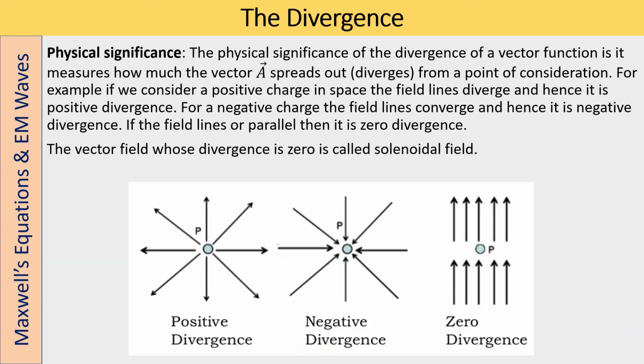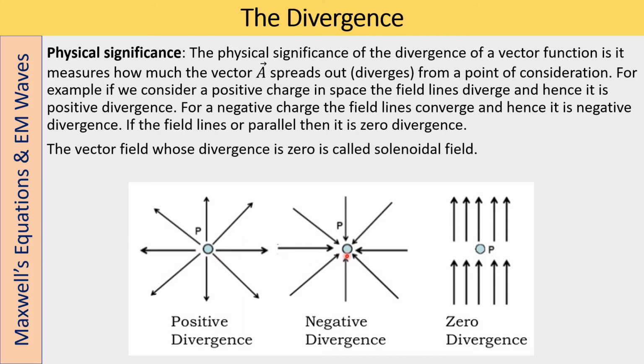Now the physical significance of the divergence. The physical significance of the divergence of a vector function is that it measures how much vector A spreads out or diverges from a point of consideration. For example, if we consider a positive charge in space, the field lines diverge and hence there is a positive divergence.